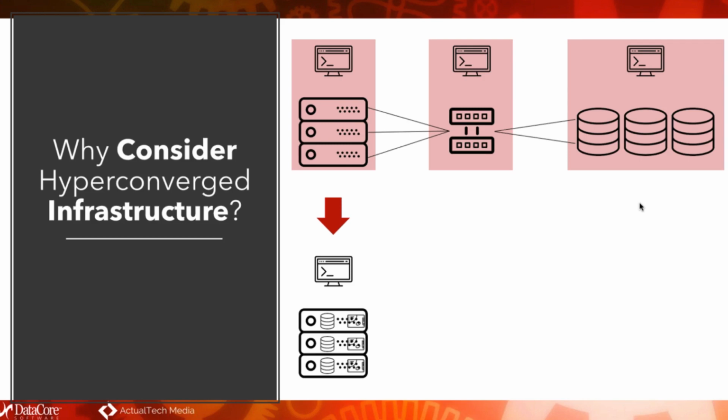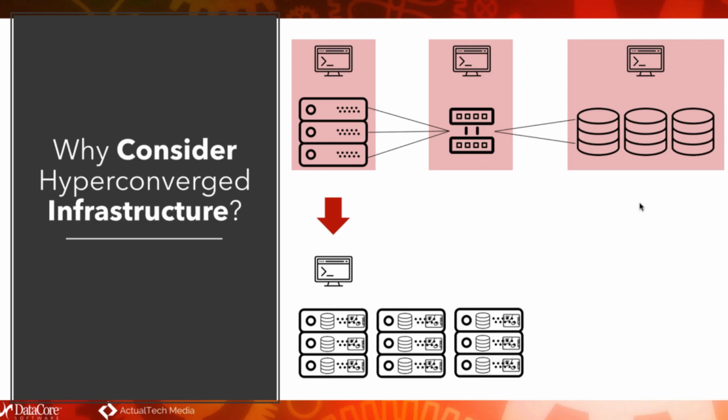What we've seen is the emergence of hyperconverged infrastructure over the last few years as an incredibly powerful way for organizations to rein in this madness. Here we're going to combine everything you see up above. We're going to get rid of the storage fabric because we don't need it anymore. We're going to take the storage and put it inside the server nodes, and then manage it all with a single console.